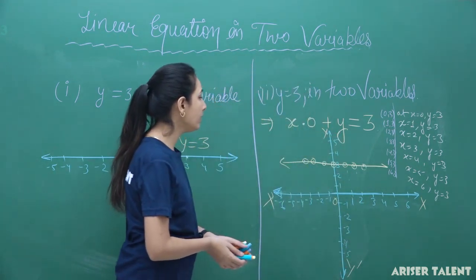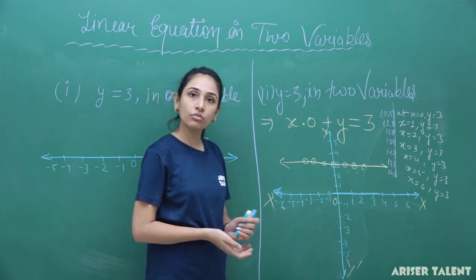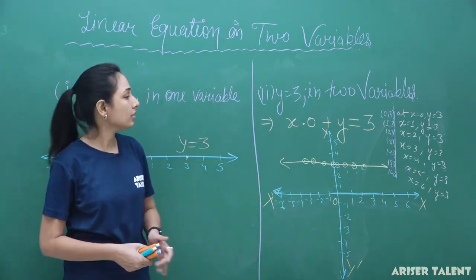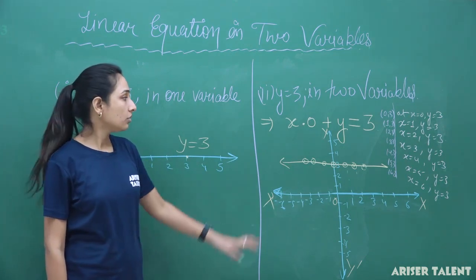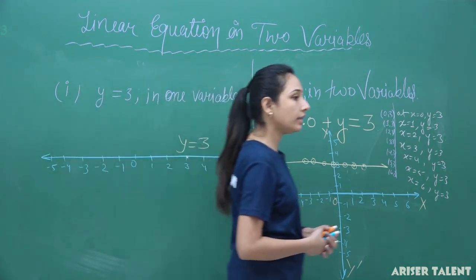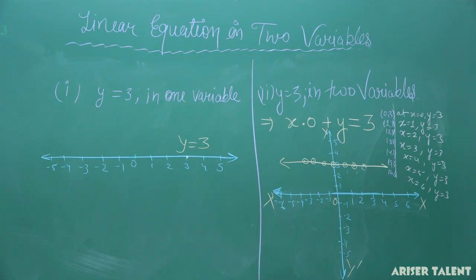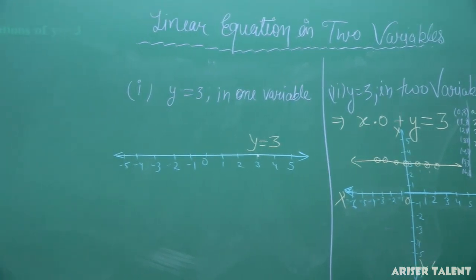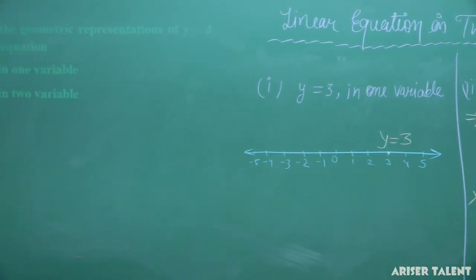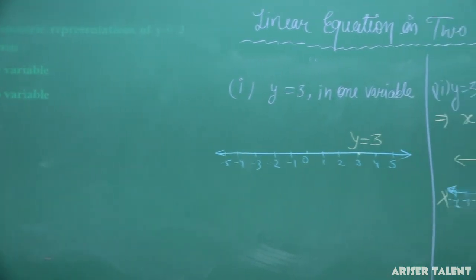So a line y equals to 3 is a line parallel to x axis. That will be the solution. Note it, students, so that we can move forward to the next question. This you have noted.